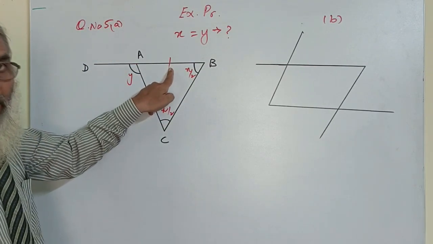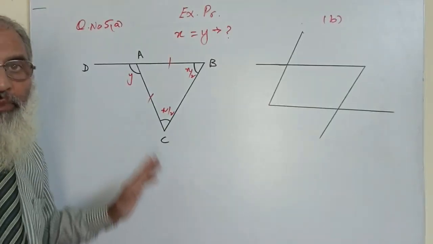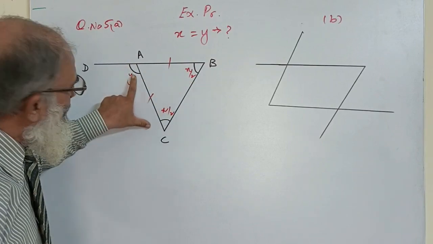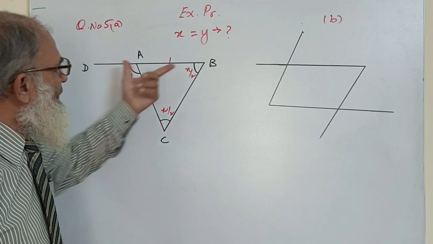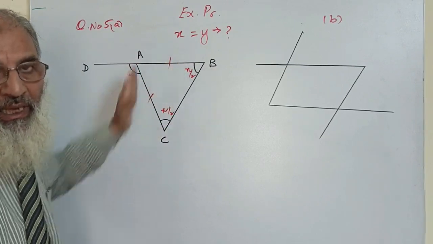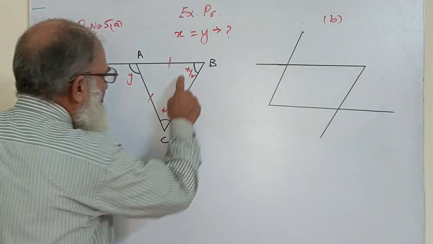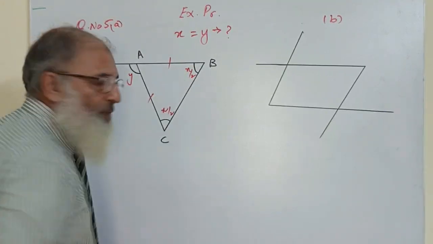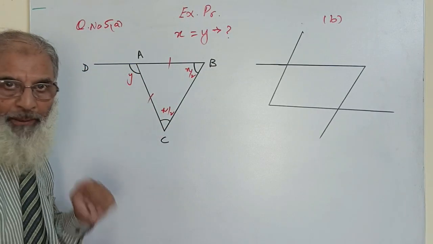You see, I've told you that when you see these two short lines, that means that side AB is equal to side AC. When side AB is equal to side AC, then it means that this is an isosceles triangle. And for sure, the base angles will be equal. It is also given over here.